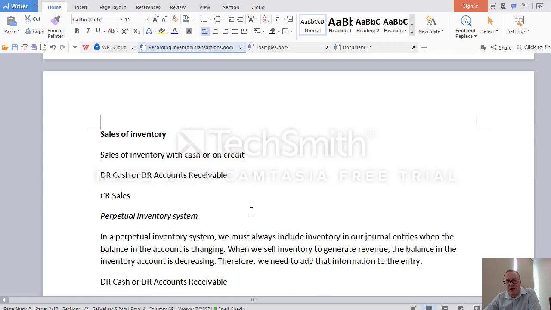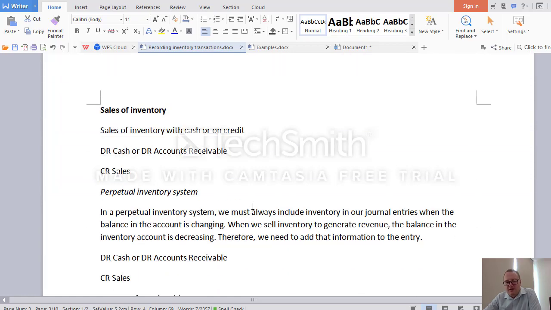So now what about the sale of inventory? First of all, when you sell something, you will get revenue, so it's credit sales, and you will get cash, debit cash, or if you sell on account, you will get a current asset, accounts receivable.